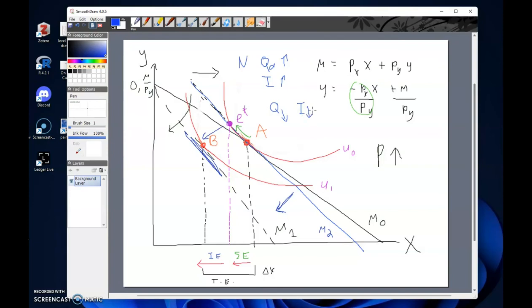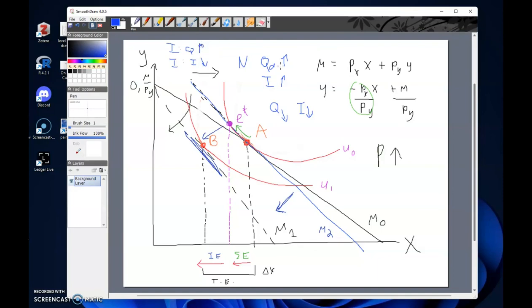A normal good could be like a luxury item, like caviar, steak, lobster, wine, whatever. The more your income increases, the more of that you consume. For an inferior good, the quantity demanded increases when your income decreases. Think of rice, top ramen, plain spaghetti, macaroni and cheese, Kroger brand.